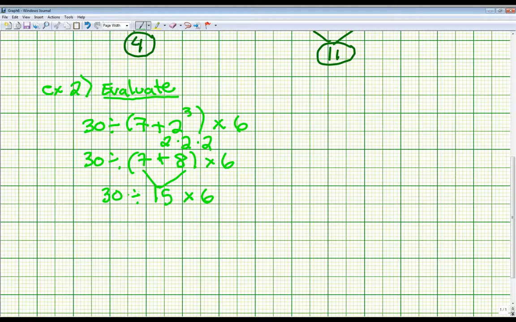So I have to do this part first, and then I can go to this part. So 30 divided by 15 is going to give me 2. And then I take that and I multiply it by 6. So my final answer to this one is going to be 12. And that is our example 2.